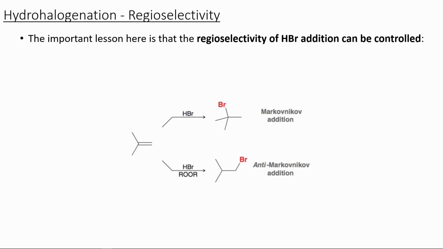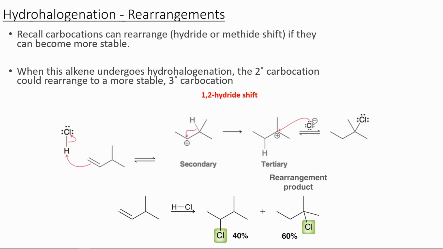So just in summary for the hydrohalogenation reaction, remember that we can control the regioselectivity by adding or not including peroxide to get the Markovnikov addition at the more substituted carbon, or to get the anti-Markovnikov addition. Recall that if the carbocation has an ability to rearrange, then the rearrangement will occur.